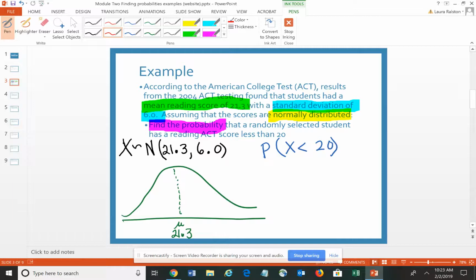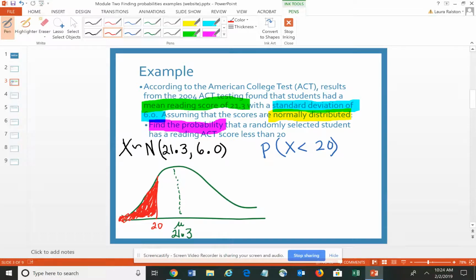Well, 20 is less than 21.3, so somewhere to the left of the mean is going to be 20, and we want to know about the values less than that. And remember, in the normal distribution, the area under the curve corresponds to the probability. So I need to find this area. And since we're not doing calculus, we're going to rely on the technology to do that.